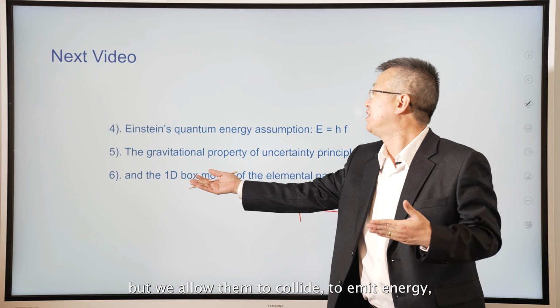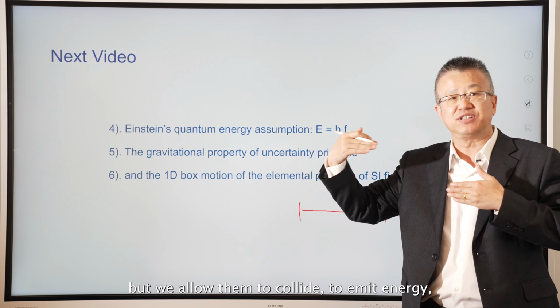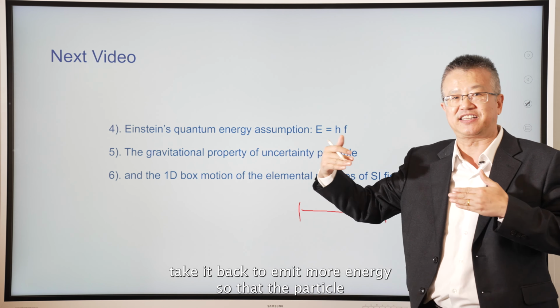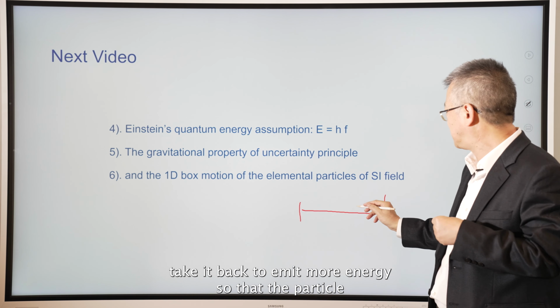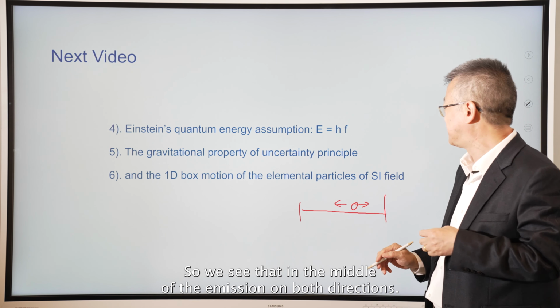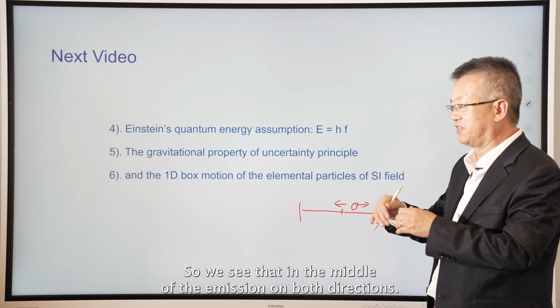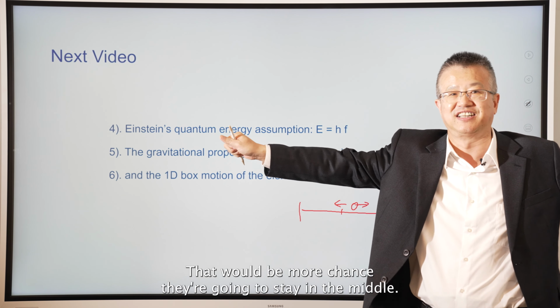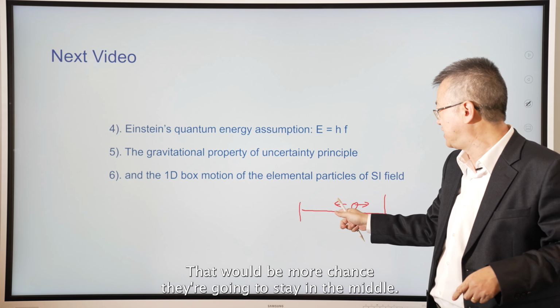But we allow them to collide, to emit energy, take it back, emit more energy, so that the particle emits energy in both directions. So we see that in the middle, they emit in both directions. There will be more chance they're going to stay in the middle.